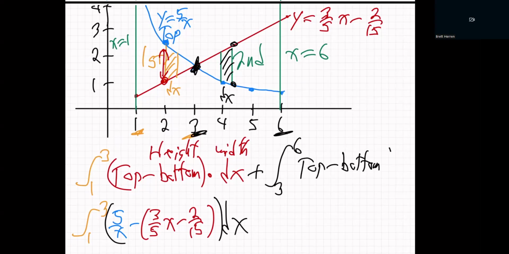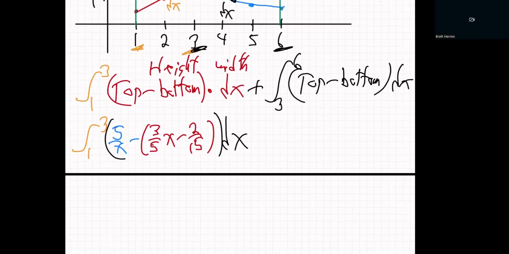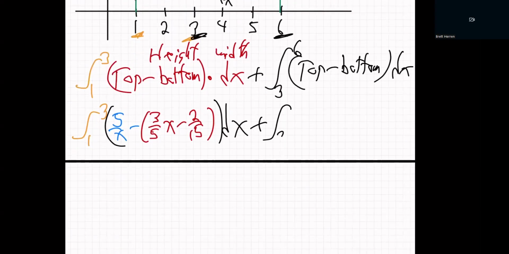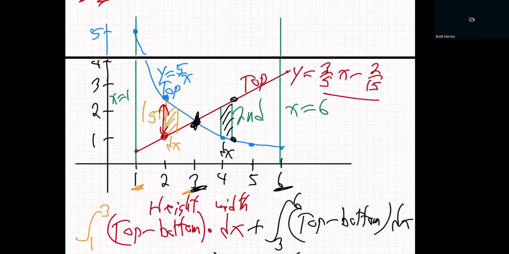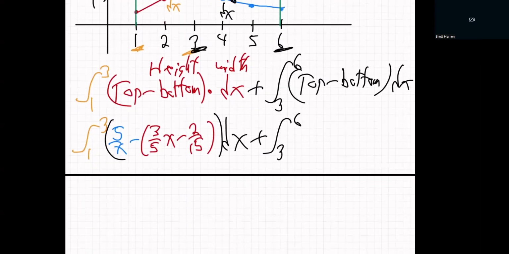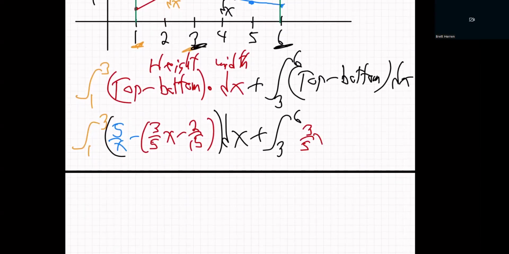So that'll be the integral from 3 to 6, and it's top minus bottom again, because that'll be the height, dx. In that region, the top function will actually be the red one, 3/5 x minus 2/15, minus the bottom one, which will actually be 5 over x, dx. And there we go.